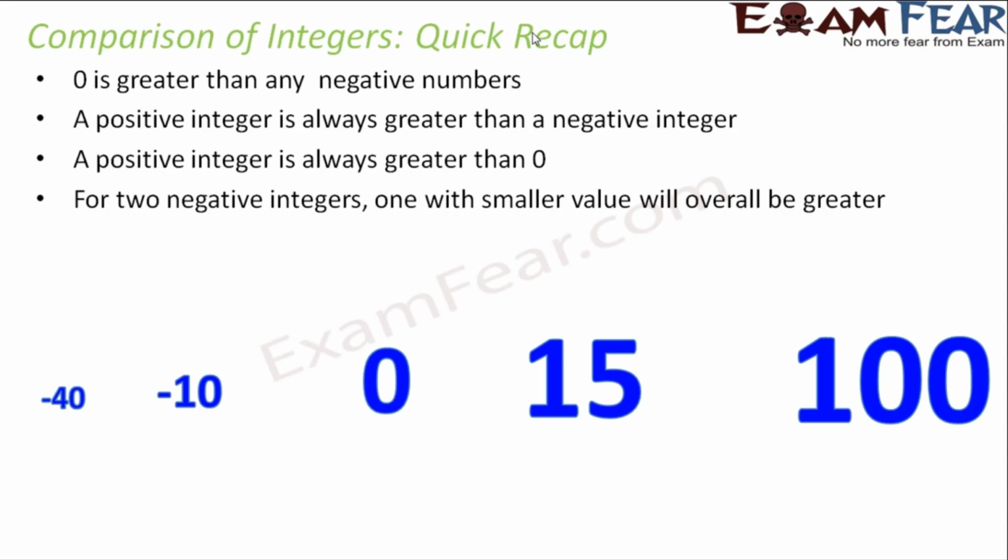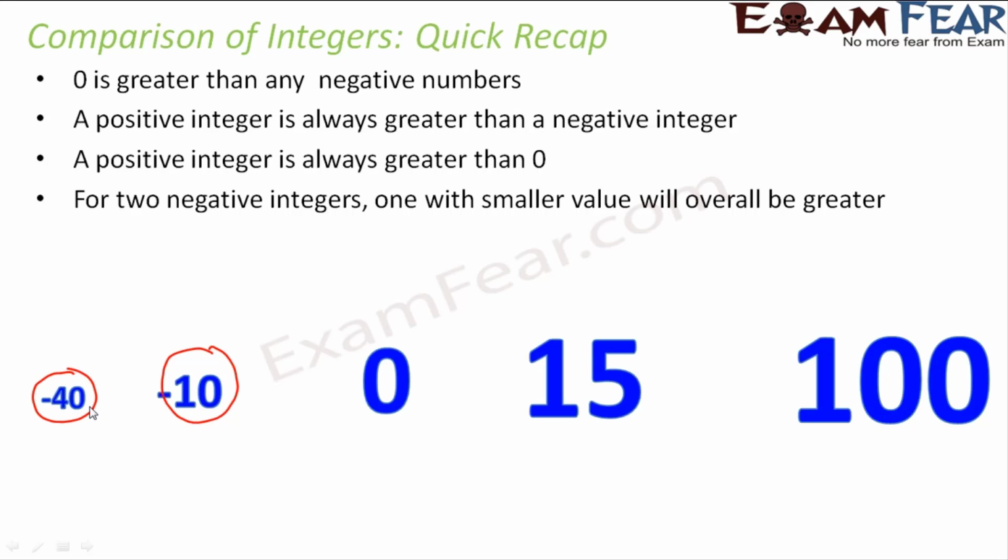For two negative integers, the one with the smaller value will overall be greater. For example, if you compare minus 40 and minus 10, and you only consider the values 40 and 10, 10 is smaller, but overall when you consider the sign, you would see that minus 10 is greater.